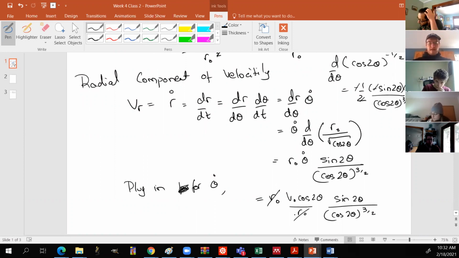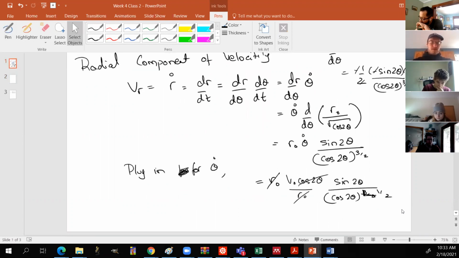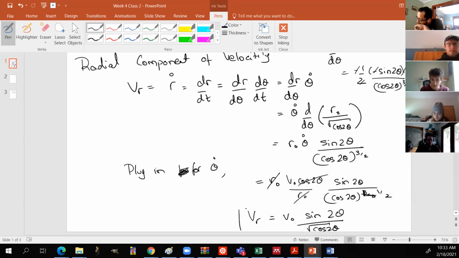So r naught cancels out. Cosine 2 theta to the power of 1 over 3/2 becomes cosine 2 theta to the power of minus a half. So you end up with v_r is equal to v naught times sine 2 theta divided by the square root of cosine 2 theta, like that.